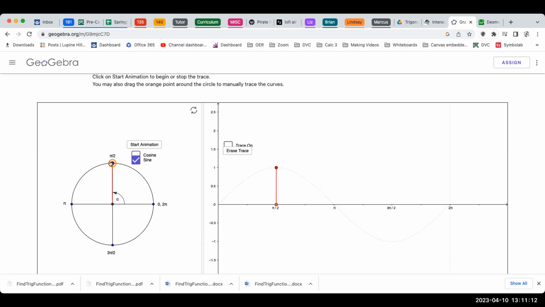Once I pass pi over 2, what happens to the distance of the Y coordinate? It starts to go back down, which is why this is getting smaller. Once I get to pi, sine of pi is 0. So then I'm going to be at the point pi comma 0. Now what happens to the Y coordinate?